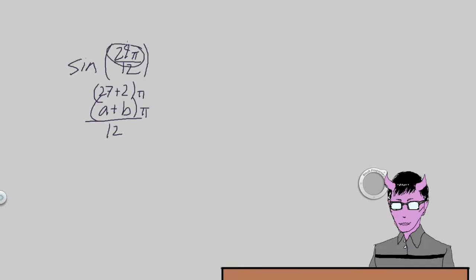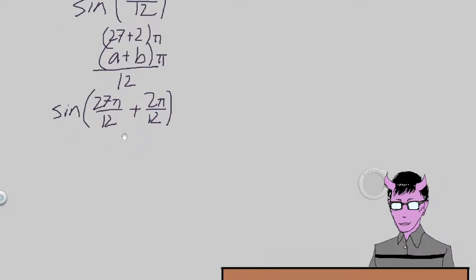So if we split 29 pi into 27 plus 2 of pi, then we can simplify this. So 27 pi over 12, and then the 2 pi over 12. And we're doing this as a sum. You can somehow figure out a minus situation as well if you wish.